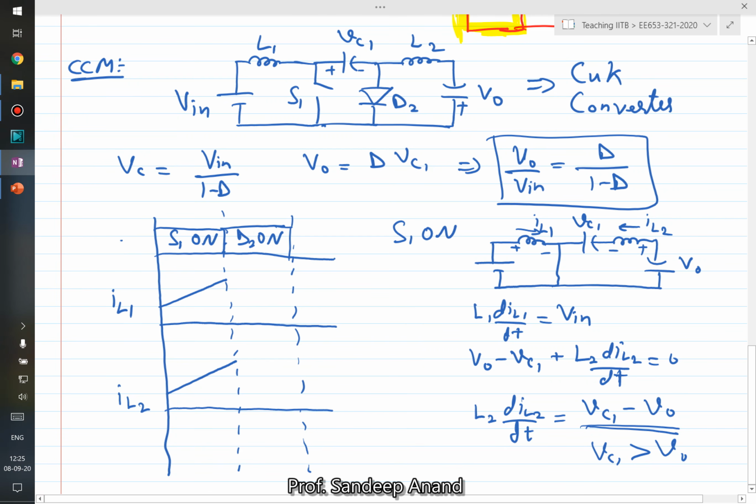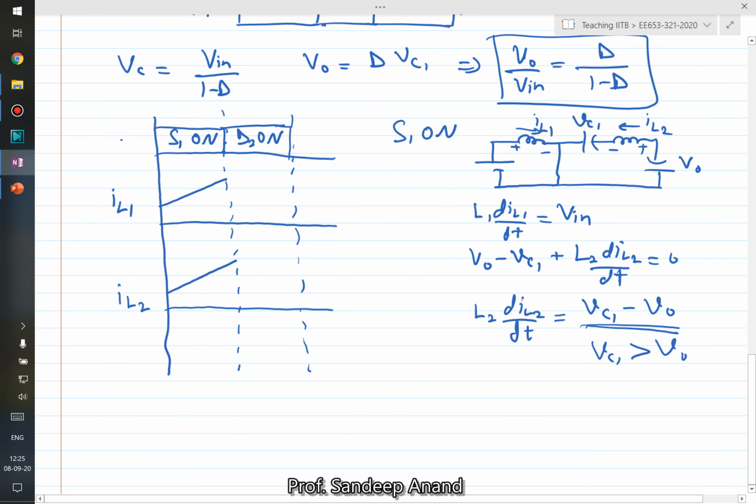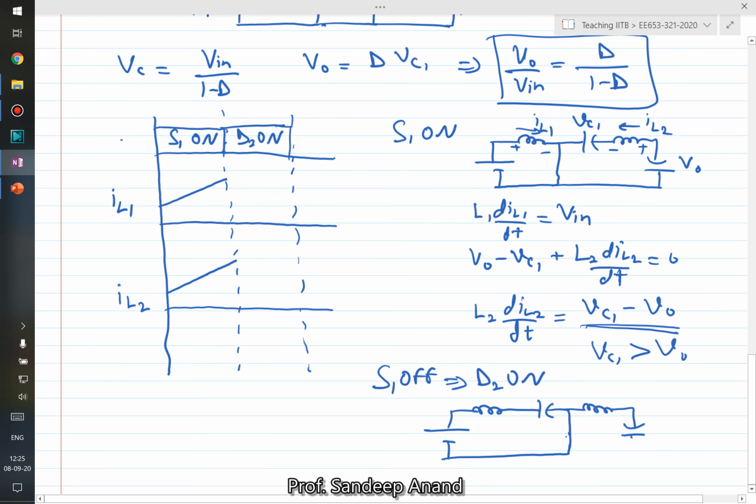right? Now what happens when S1 is off? When S1 is off implies D2 is on, right? You can see that the equivalent circuit would now look something like this. Now the switch is off, and therefore the diode has to conduct because of the current that would flow through it, and the equivalent would look something like this.